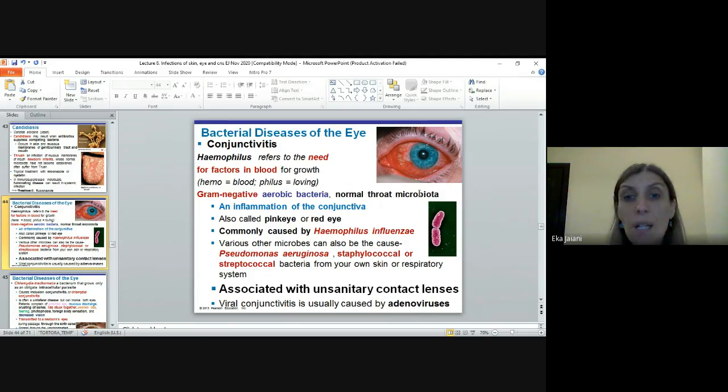Against viral conjunctivitis we don't have specific antiviral drugs. Usually there is also an anti-inflammatory, steroid component against adenoviruses. If antibiotic drops do not work, then we use other drops that soothe and reduce inflammation and help relieve symptoms.